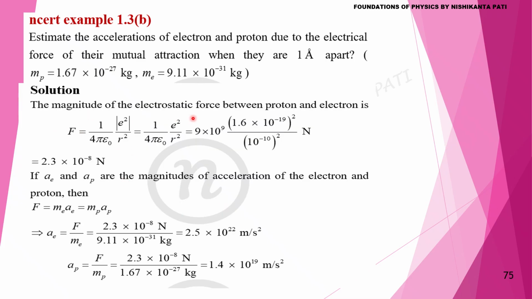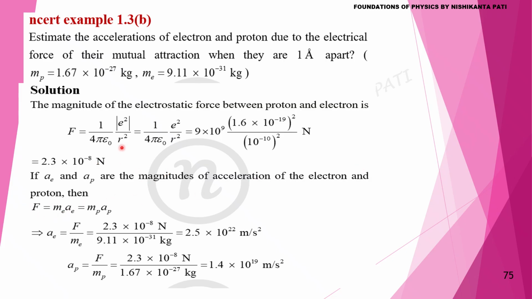So the magnitude of electrostatic force between proton and electron, with proton charge and electron charge the same in magnitude, each is e. Then this is the magnitude of electrostatic force between proton and electron. ae and ap are the magnitudes of acceleration of electron and proton.